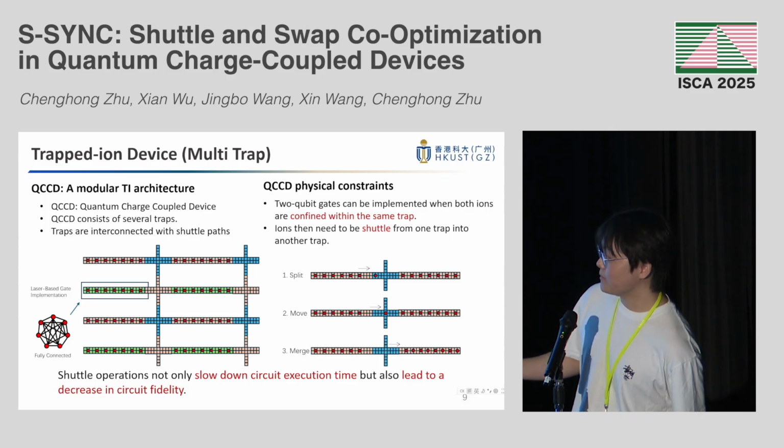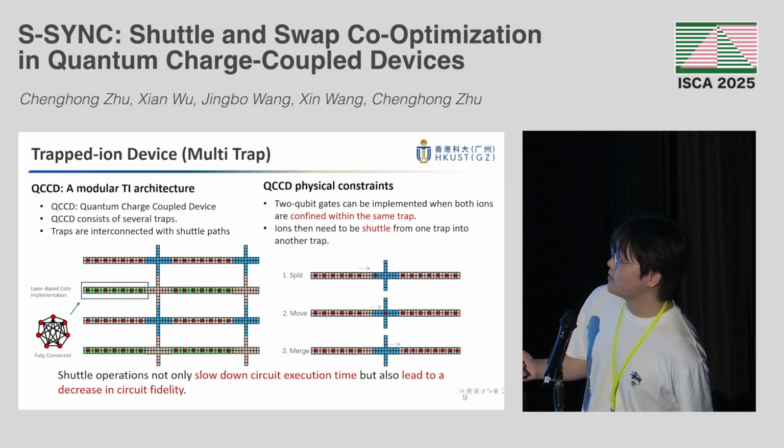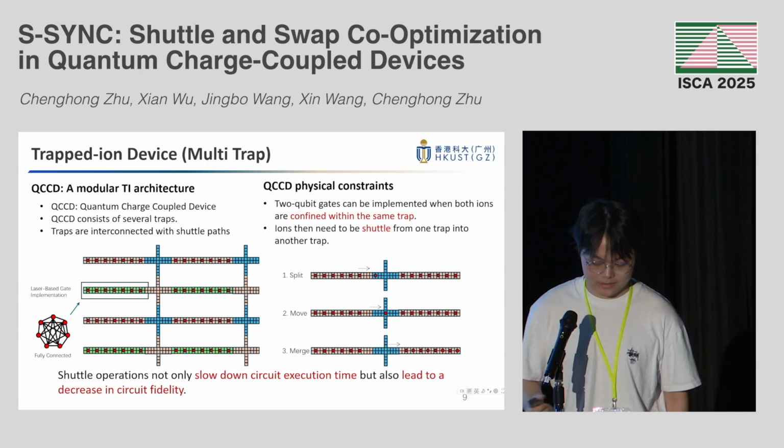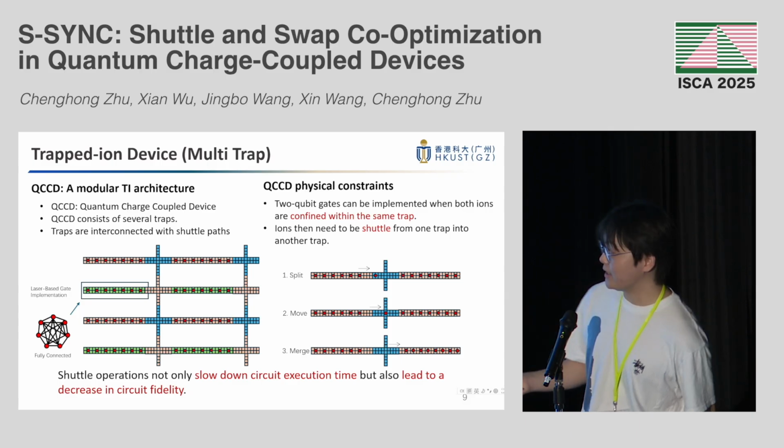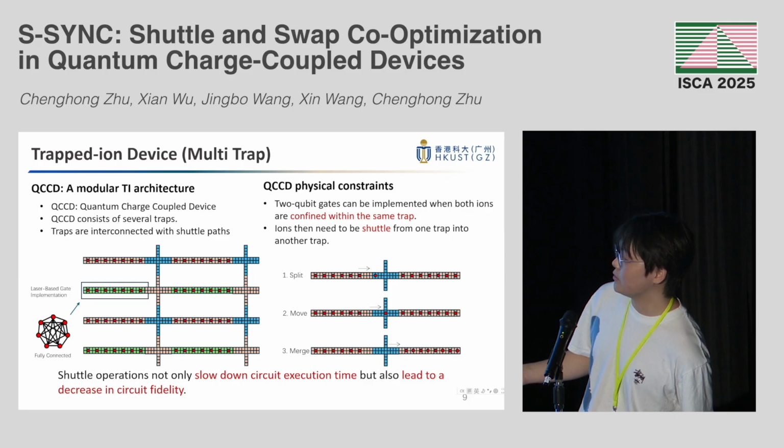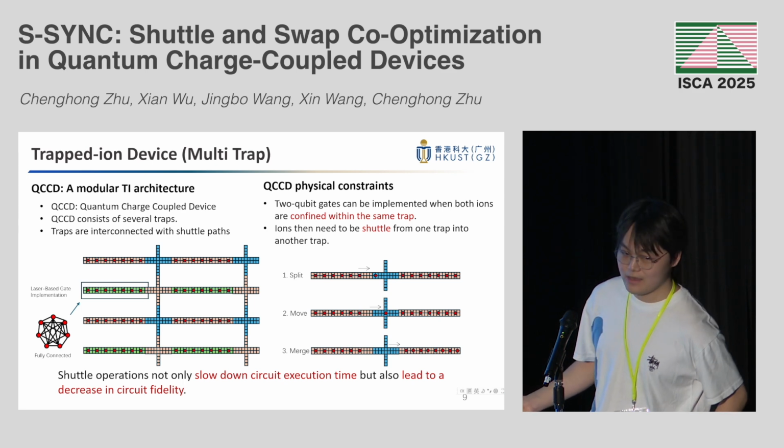The other problem with this kind of device is that physical constraints can limit the two-qubit gate implementations. For example, if we want to implement two-qubit gates between this trap and this trap, we need to perform split, move, and merge operations to move these red ions, or qubits, into another trap to implement the two-qubit gate there.